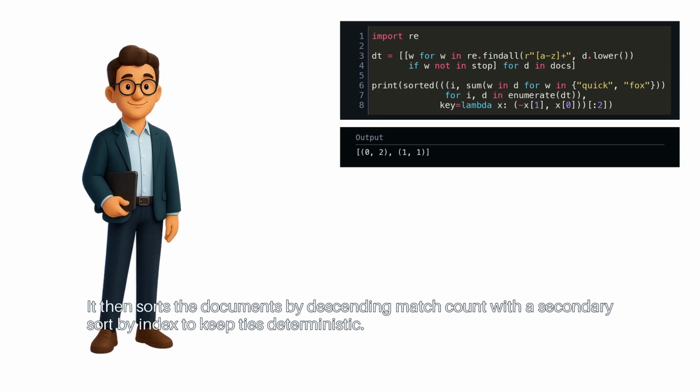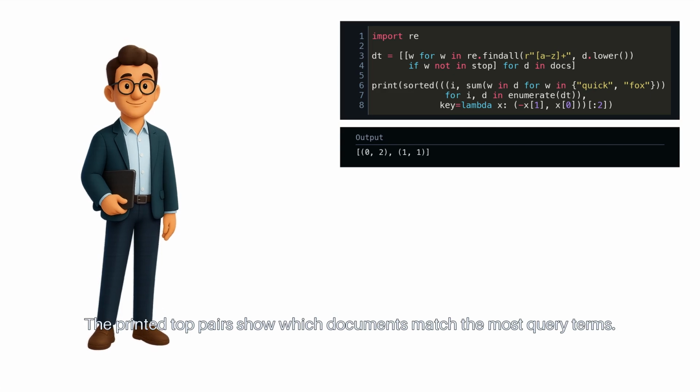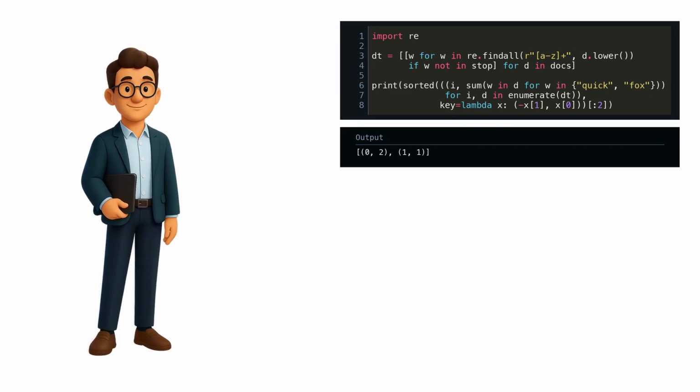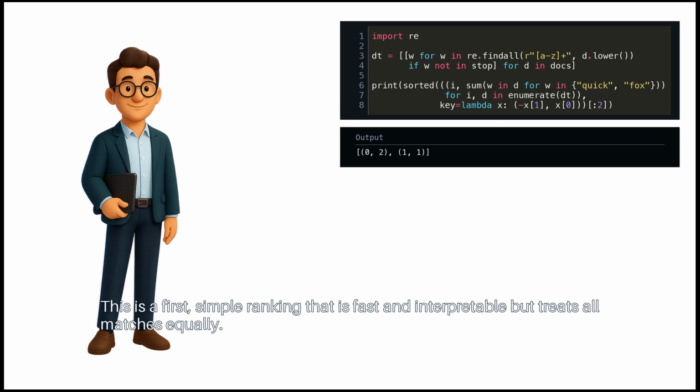It then sorts the documents by descending match count with a secondary sort by index to keep ties deterministic. The printed top pairs show which documents match the most query terms. This is a first, simple ranking that is fast and interpretable but treats all matches equally.